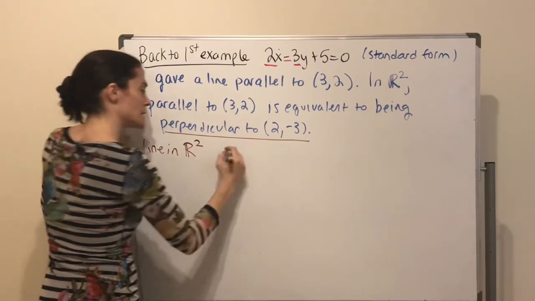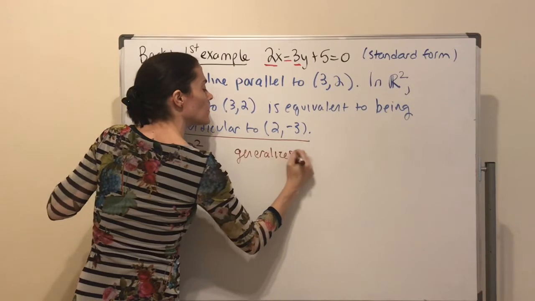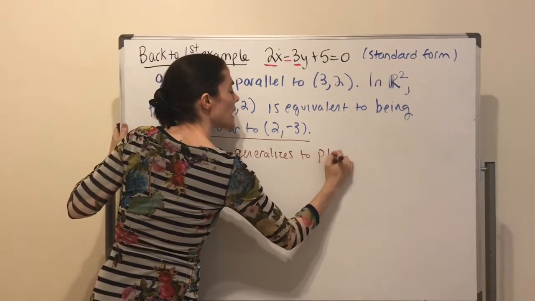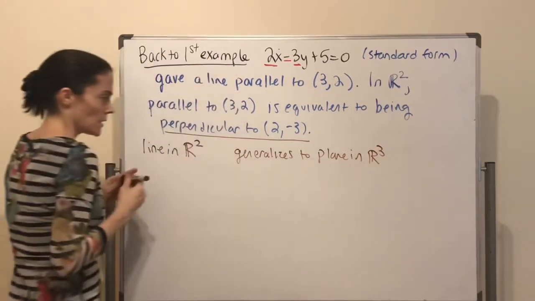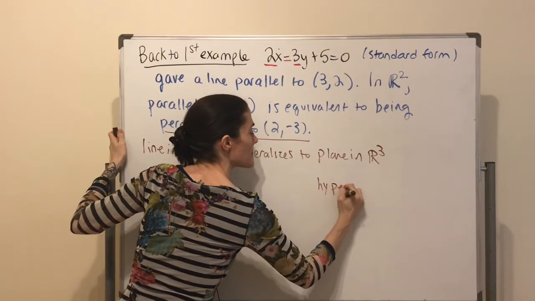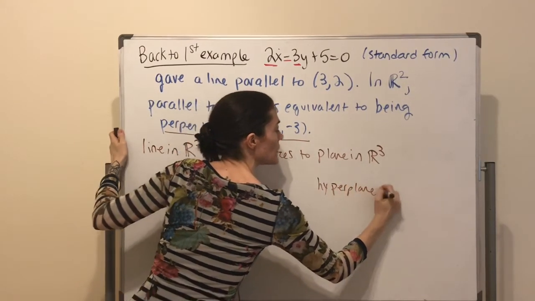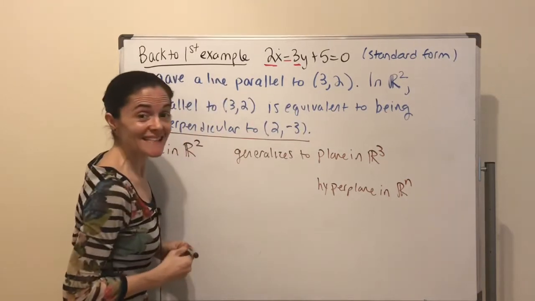And what we're trying to move to, this generalizes to a plane in R3, and more generally, I will say hyperplane in Rn, although I'm really just going to be working with planes in R3.